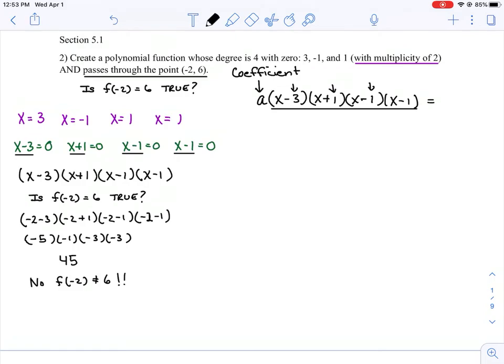So the zeros are still going to be 3, -1, and 1.